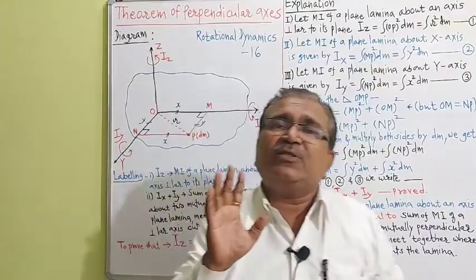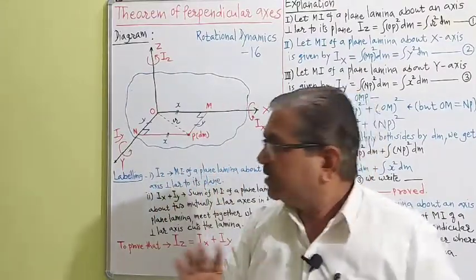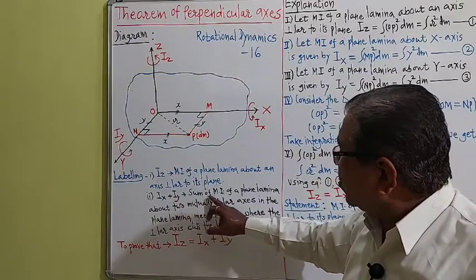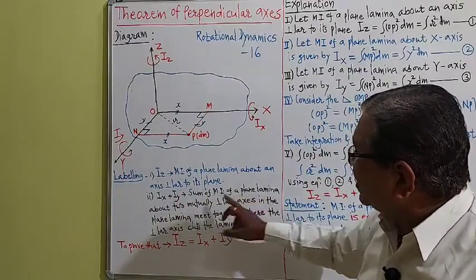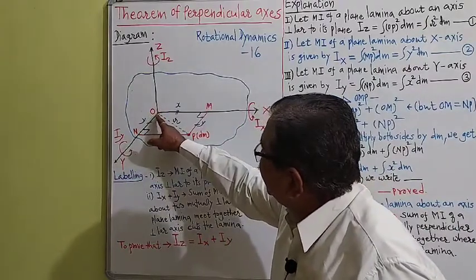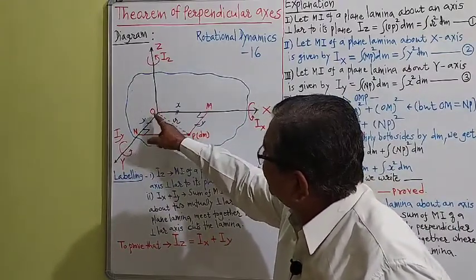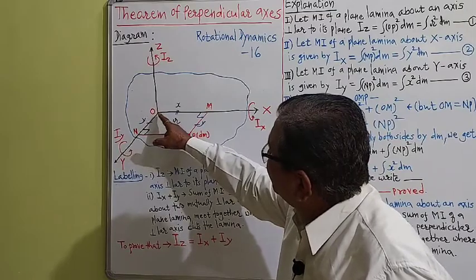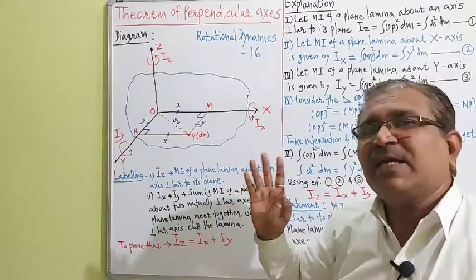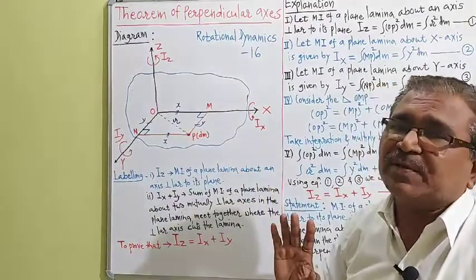That explanation we should learn at first. So I have written here Ix plus Iy, the sum of moment of inertia of a plane lamina about two mutually perpendicular axes that meet together. Where do they meet? At point O, where the perpendicular axis cuts the lamina.